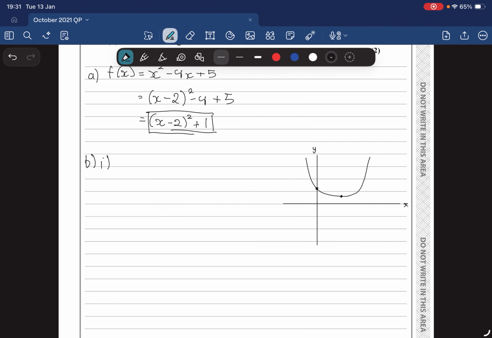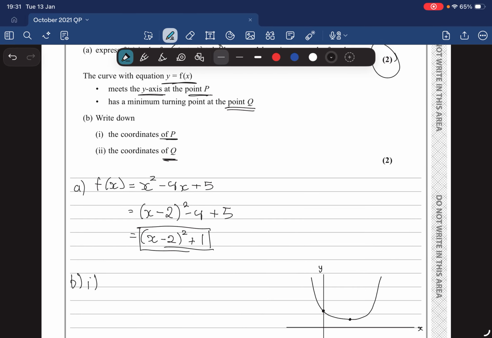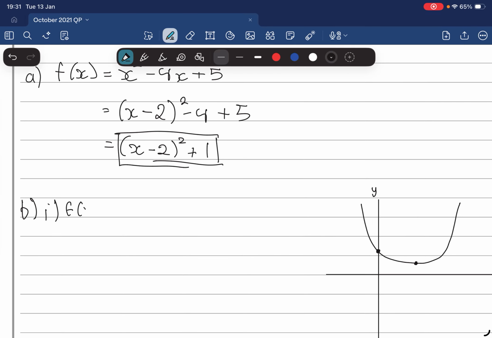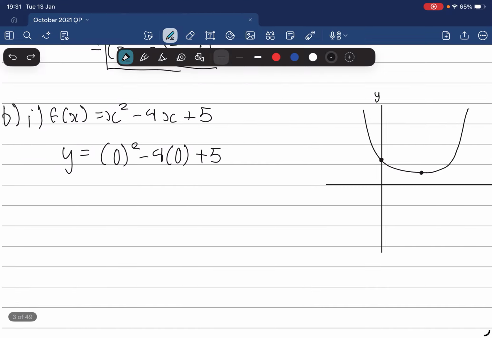In this case, the best thing to do is actually make x equal to 0, because we have f of x is equal to x squared minus 4x plus 5, and we're trying to find y. If we make x equal to 0, we get 0 squared minus 4 times 0 plus 5. The reason we make it 0 is because if you look at the graph over here, the y-axis is where x is equal to 0.